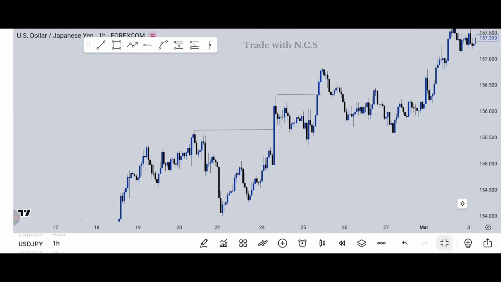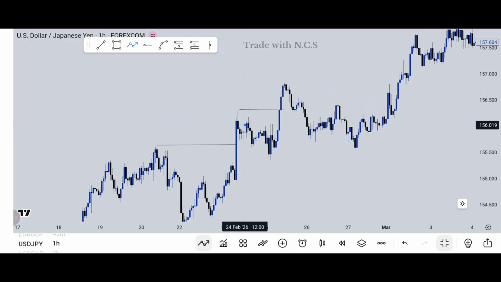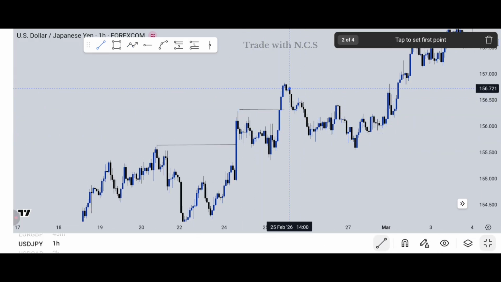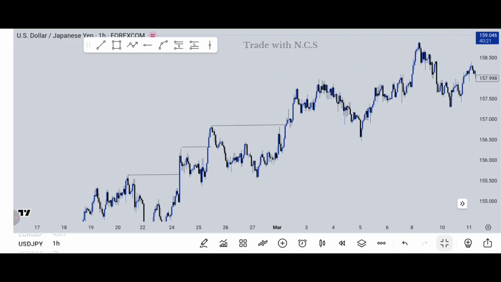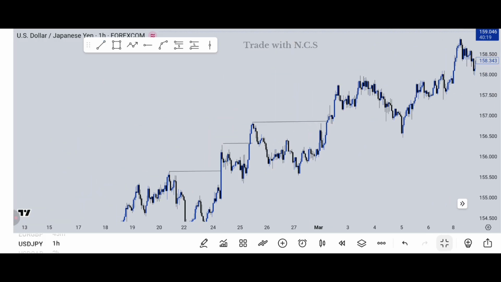So we have been taught that this is the general way of marking a break of structure. We all know that this is how we mark break of structures, and mind you, this is not wrong. This is actually how to mark a break of structure. But I will be showing you in this video the type of break of structure that works best while picking your entries.